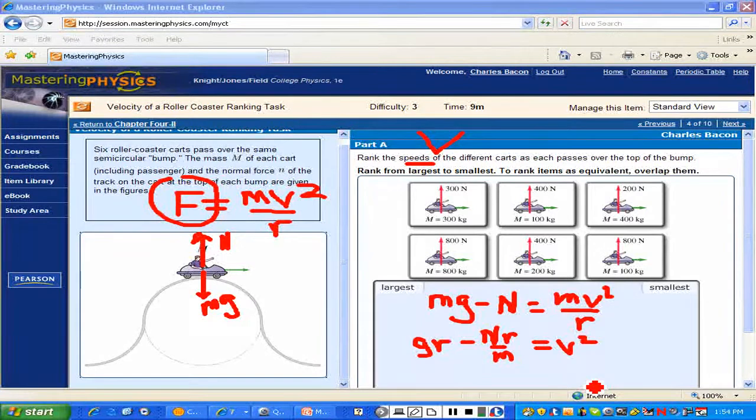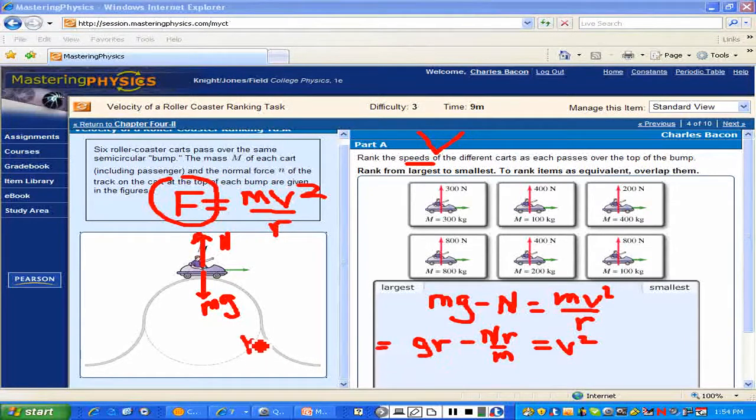But if you look at those two terms, g is a constant and r is a constant, because we're told it's the same circle for each cart. So r is the radius of the circle. So gr is a constant. Maybe it'd be easier to factor out the r.